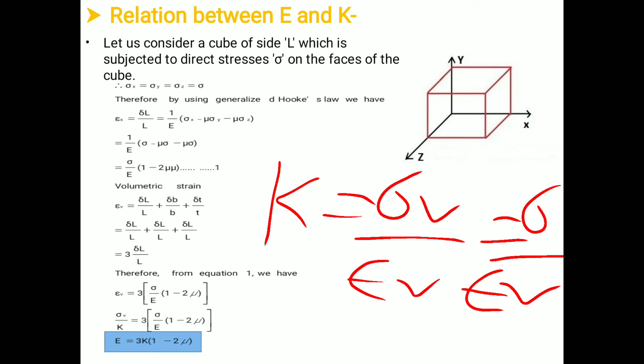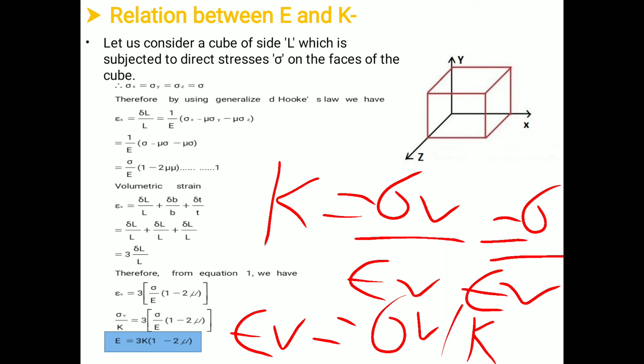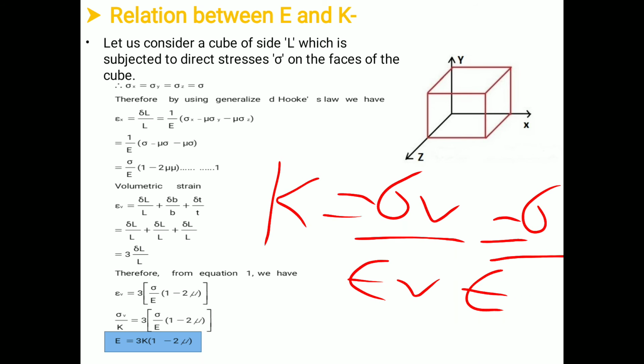After rearranging this equation, I have epsilon v equal to sigma v upon k. That value we are going to put into this equation. So the final equation I have is sigma v upon k, which is equal to 3 into sigma upon E into bracket 1 minus twice mu.